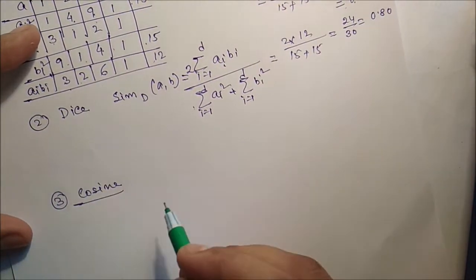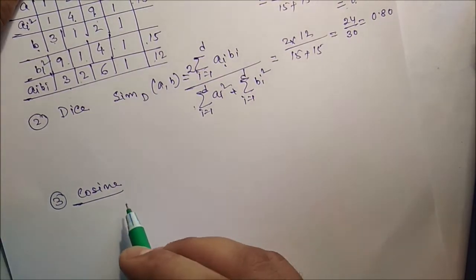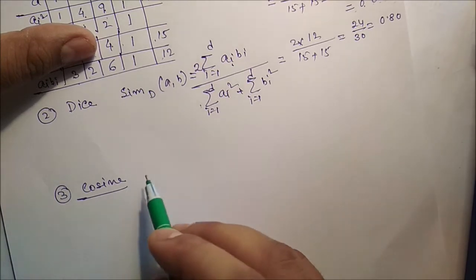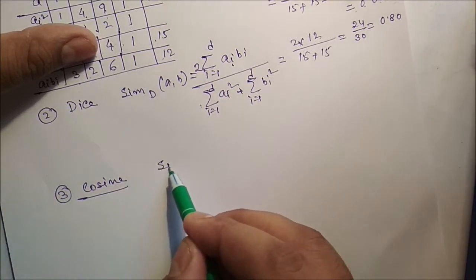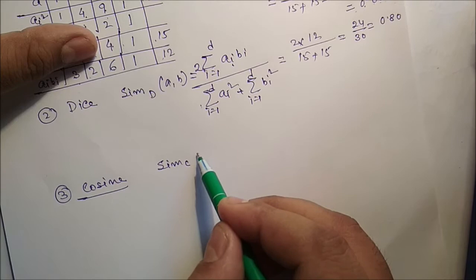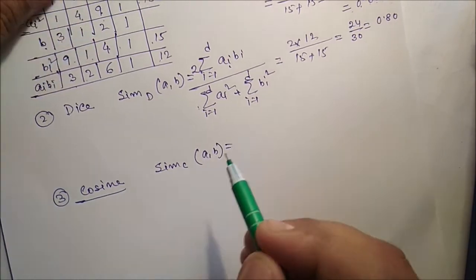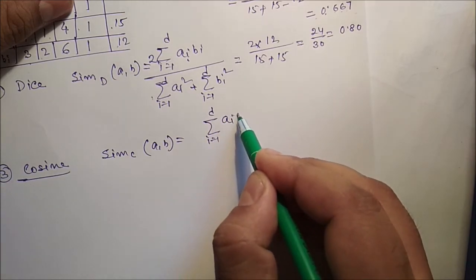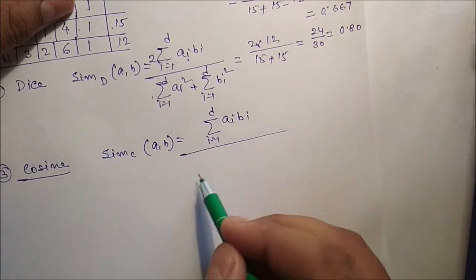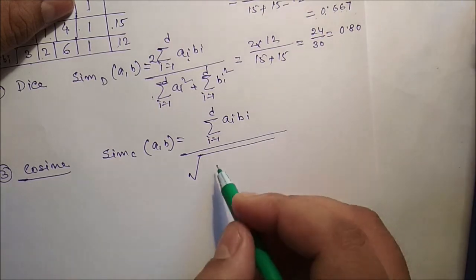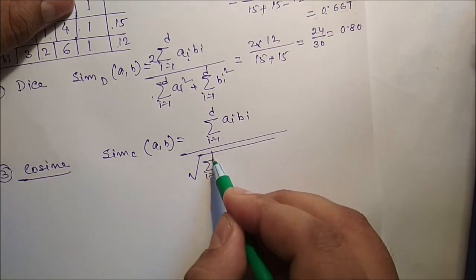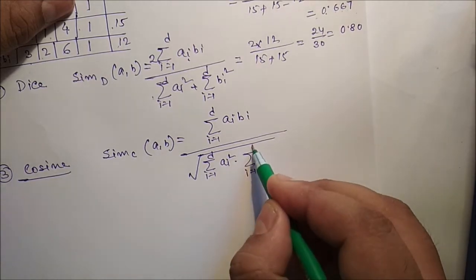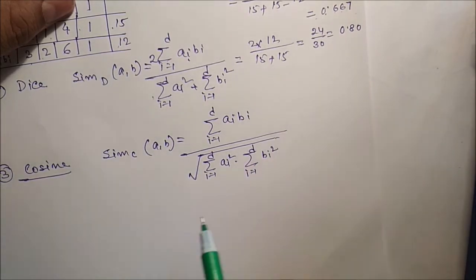Now next is cosine similarity. We use this particular similarity for document similarity. To compare two documents, we use this cosine similarity. So the cosine similarity between A and B is summation of 1 to D AiBi divided by the square root of summation of 1 to D Ai square into summation of 1 to D Bi square.